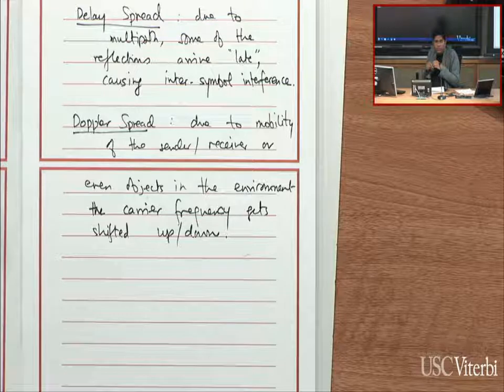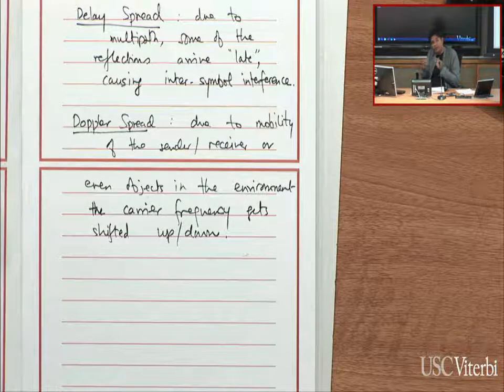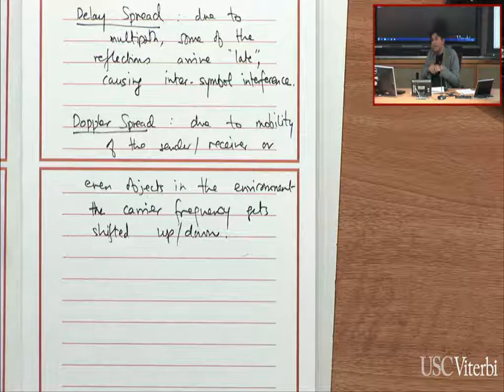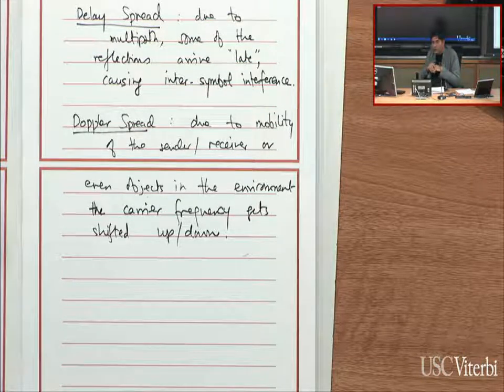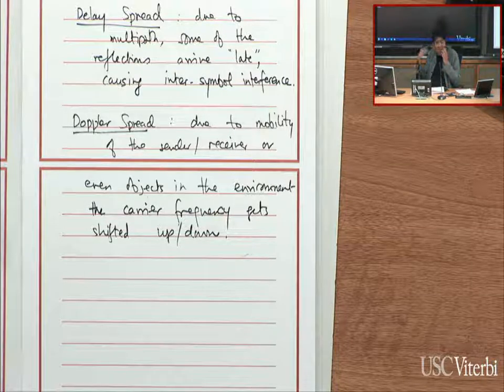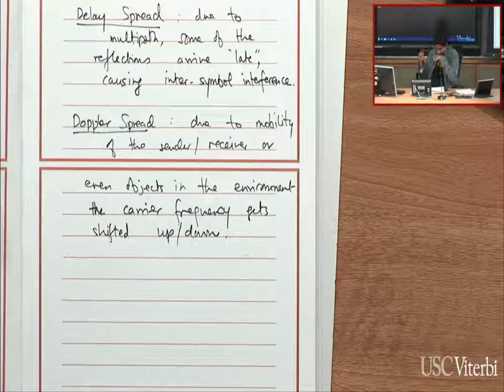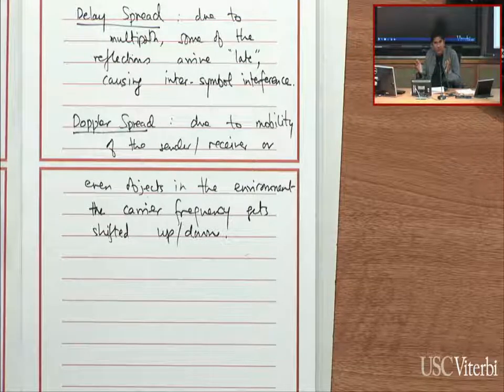In the other direction, if you have a source that's moving away from you, you'll see that the crests are starting to come slower and slower because the source itself is moving, and that's as if the carrier frequency has been shifted down. So if you have a wireless channel in which the source keeps moving, the destination keeps moving, or there are even objects in the environment that the signals are reflecting off of, and those are moving, and there's a lot of dynamics there, then you're going to see that the carrier frequency is getting modified.